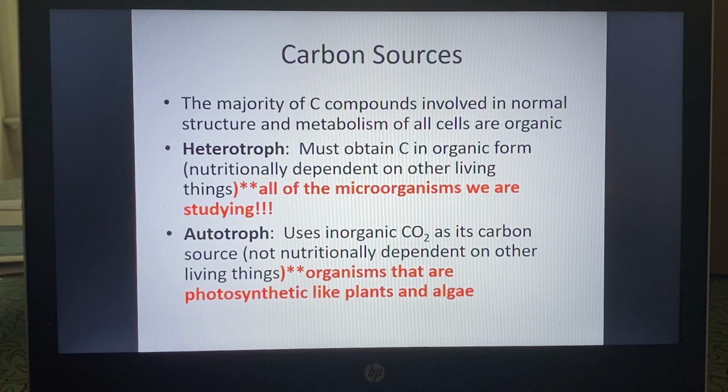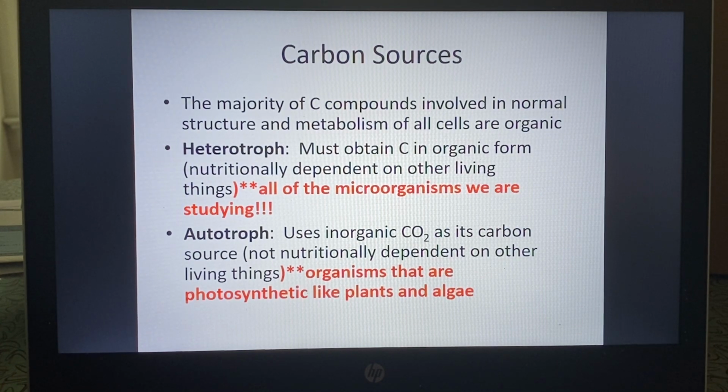So a couple of terms that I want you to know. It has to do with where we get our carbon sources from. Most organisms need to ingest carbon that they can use in their metabolism from an outside source, and those are what we refer to as heterotrophs. So heterotrophs have to obtain their carbon in organic form.